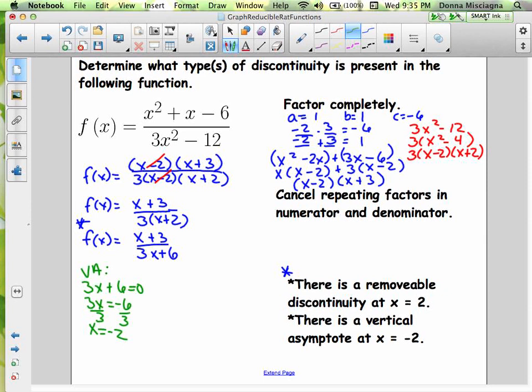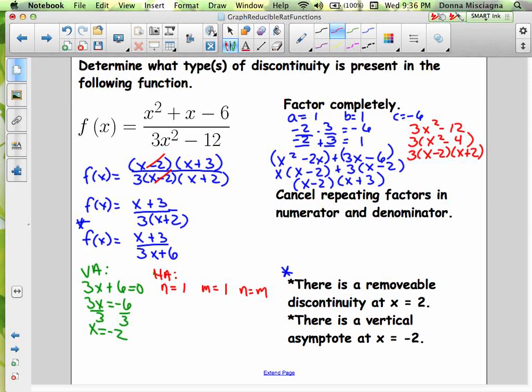Horizontal asymptote, actually I'll switch colors. So for the horizontal asymptote, notice that the degree of the numerator is 1 because we have an x. The degree of the denominator is 1 because we have an x. So they are equal to one another.